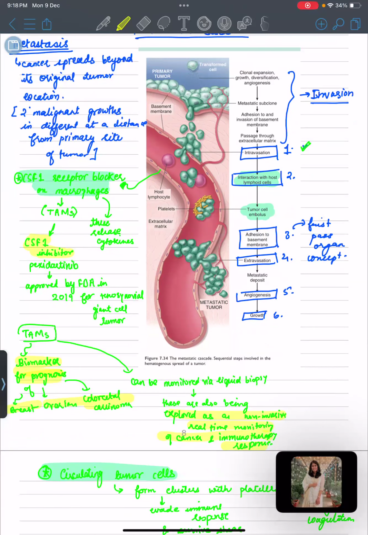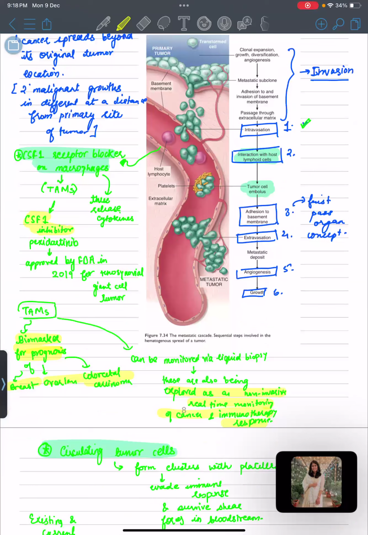Then the tumor cell embolus adheres to the basement membrane of the extravasation site in the organ. Extravasation is the exit of the cell from the blood or lymphatic to the targeted area.